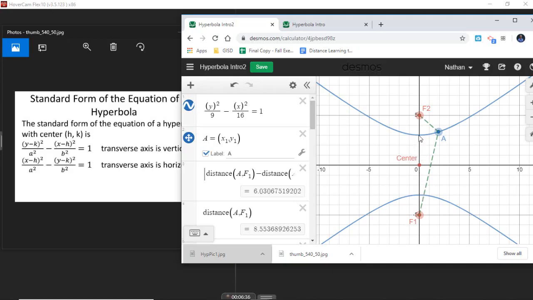Now the reason that's important is because if you remember, it's very similar to ellipses in some regards. But what you need to remember is that A is always going to be on the transverse axis. Again, A is always going to be on the transverse axis. So for this particular one, this length is A here.